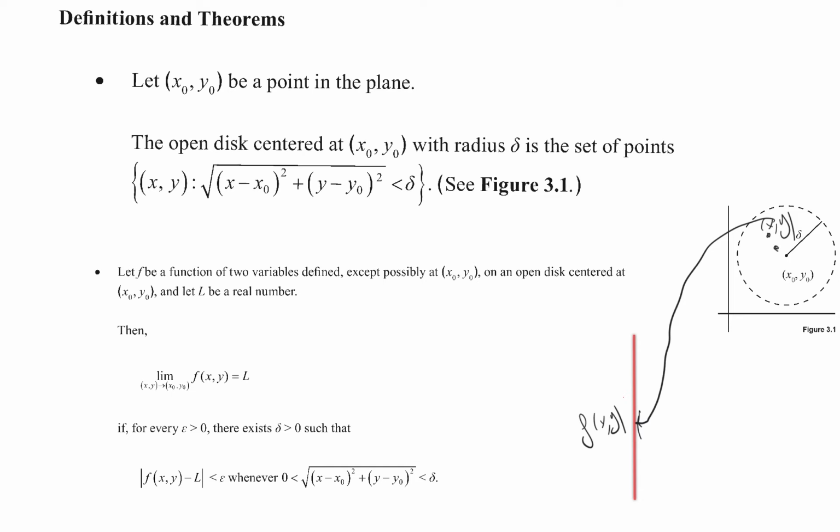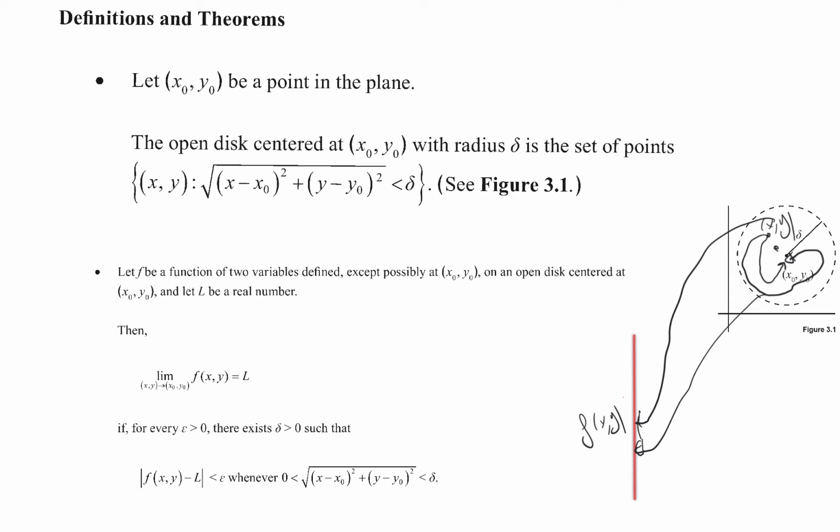I can approach the point x0, y0 from different paths. I can approach from here, or maybe I can approach from here. I can approach in different ways. And for every way that I approach, the image of the points will be somewhere here.